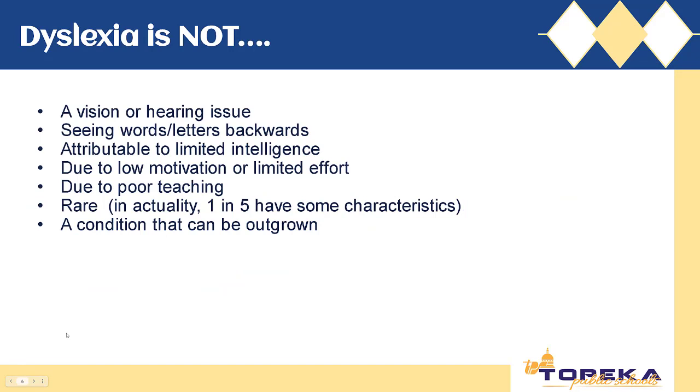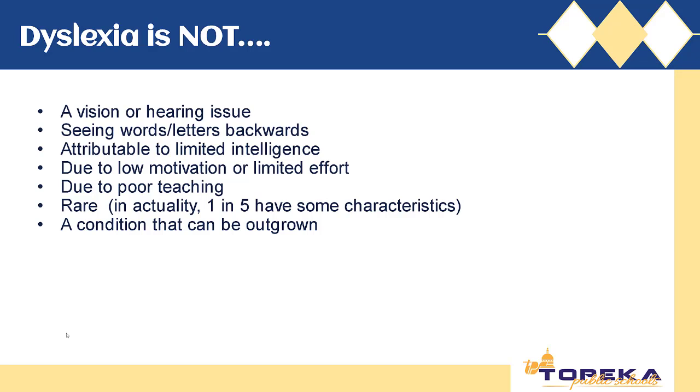Let's review what dyslexia is not. Dyslexia is not a vision or hearing issue. It is not seeing letters or words backwards. Dyslexia is not attributed to limited intelligence. In fact, students who are dyslexic are highly intelligent. It is also not due to low motivation or limited effort.